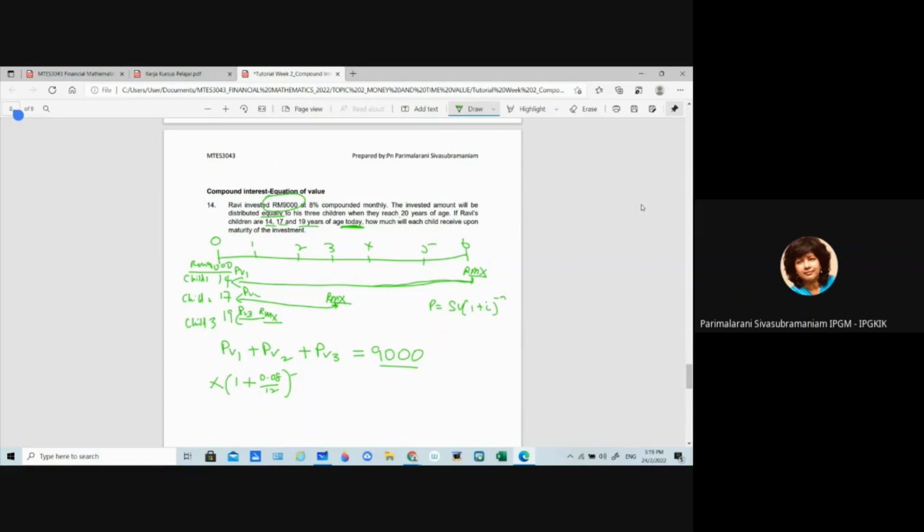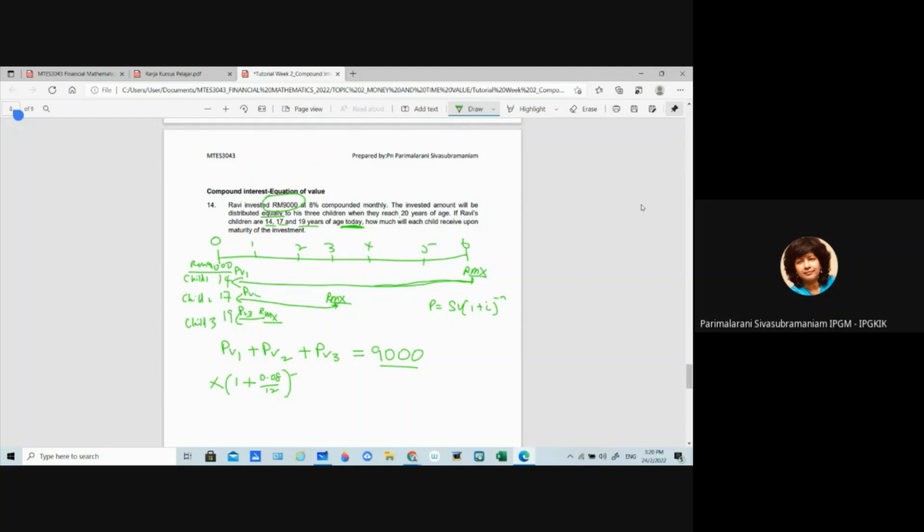For the first child, 12. Why 12? Anyone can tell me why it is 12? The year is only 1 year. Yes, and then times 12, monthly. Okay, that's correct, but that's the wrong child.